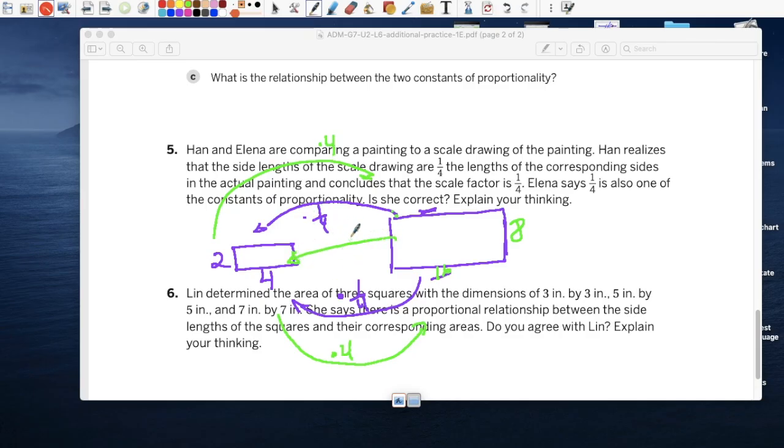And what was the scale factor used? The scale factor used was 1/4. And obviously, if the scale factor is 1/4, that is also our constant of proportionality. And the other constant proportionality would be the reciprocal of 1/4, which is 4.